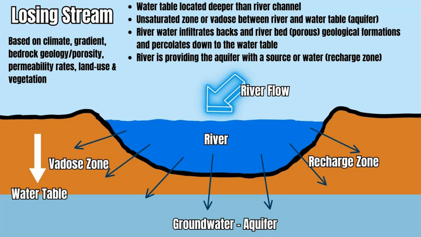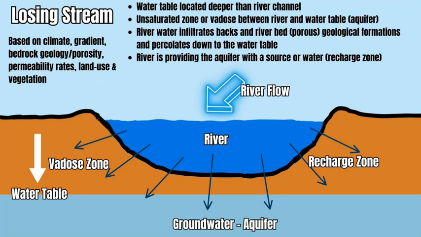This is a type of recharge zone for groundwater, in addition to any meteoric water that will get through infiltration and percolation. The river is going to provide water for the groundwater, and the river's discharge and volume will decrease as it flows downstream and also flows into the groundwater.